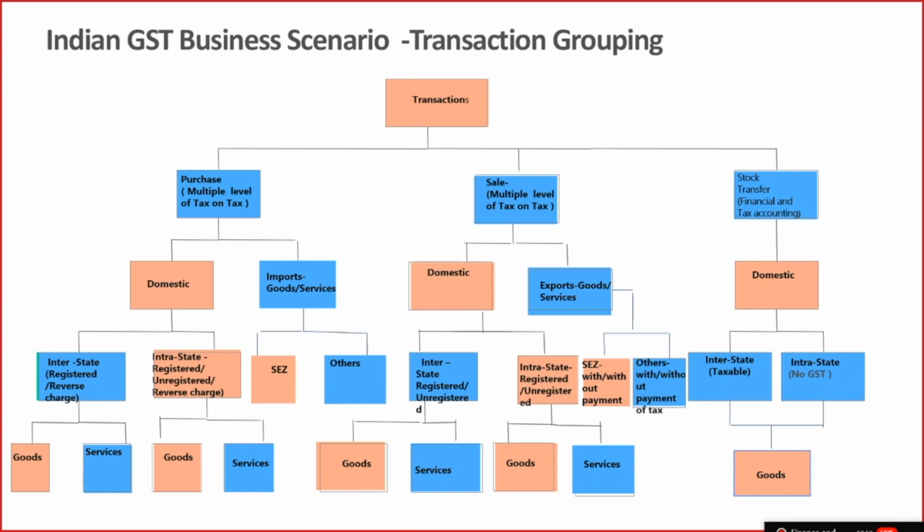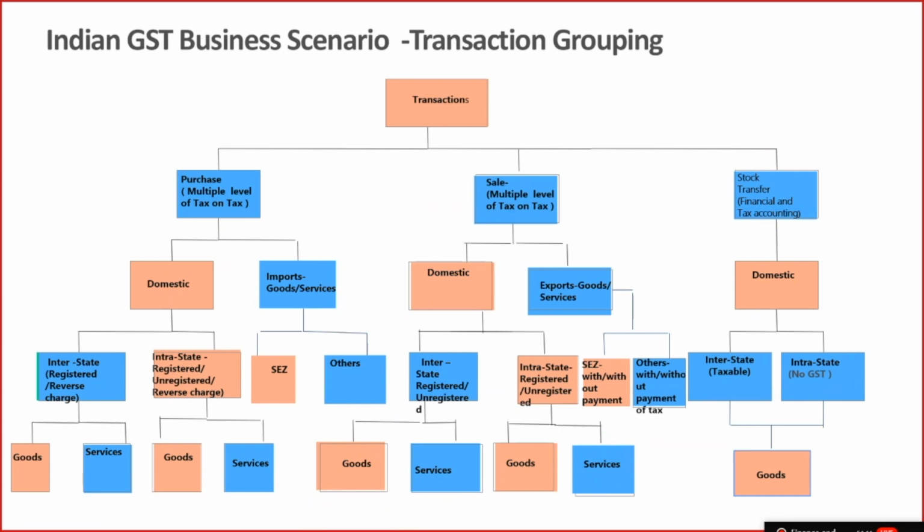Domestic stock transfer, intrastate, you know that there will be no GST, but there is an exceptional scenario where you are doing intrastate transfers, but with two different GST registration numbers. In those cases, the tax is calculated.